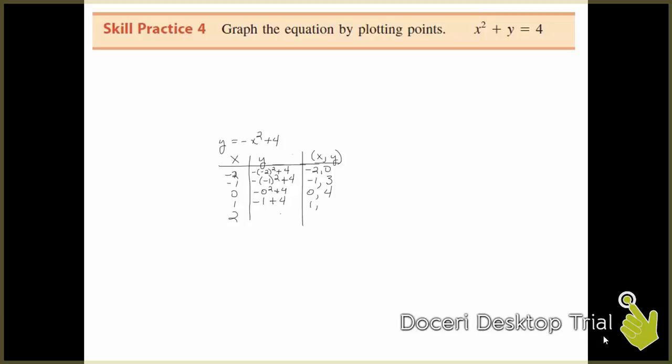And then negative 1 plus 4 is going to be 3. So we have 1, 3. And negative 4 plus 4 is 0. So 2, 0. Then we go over here and we try to graph it.